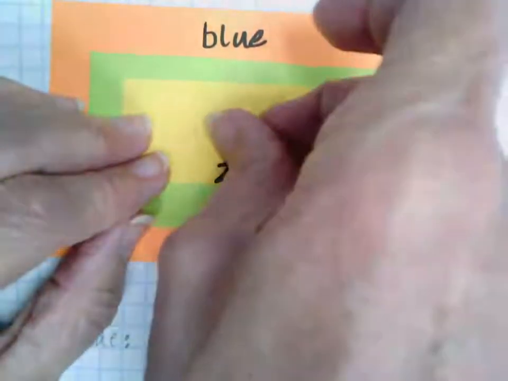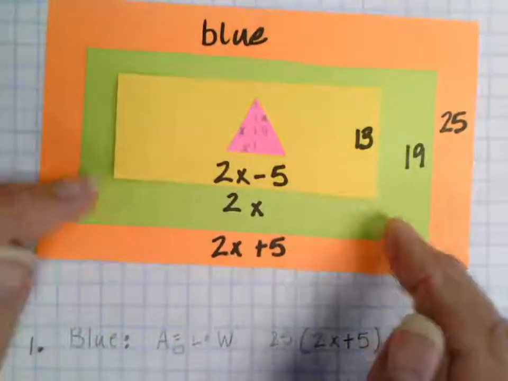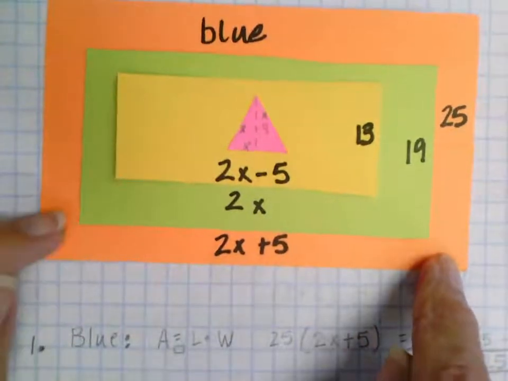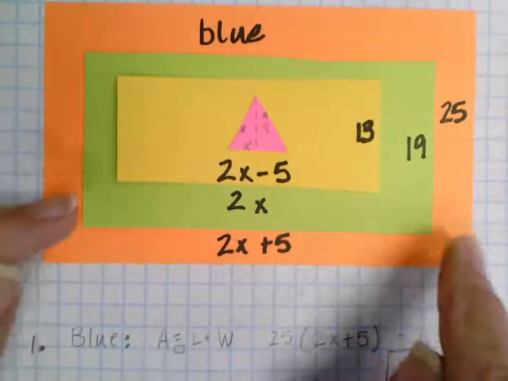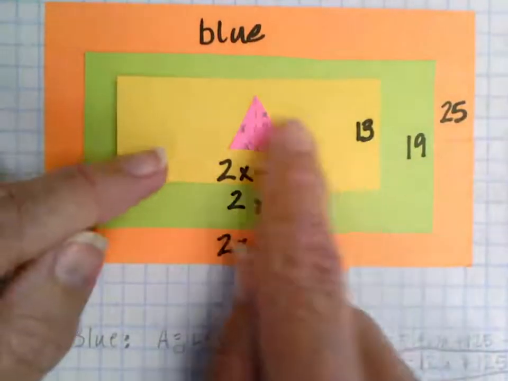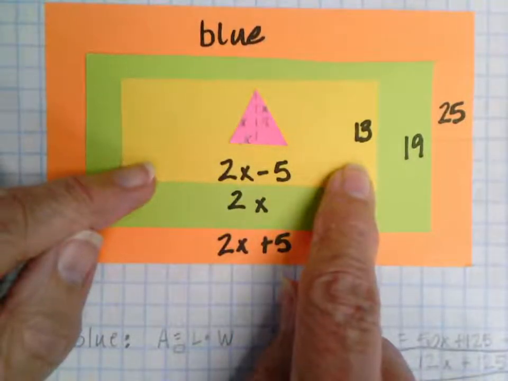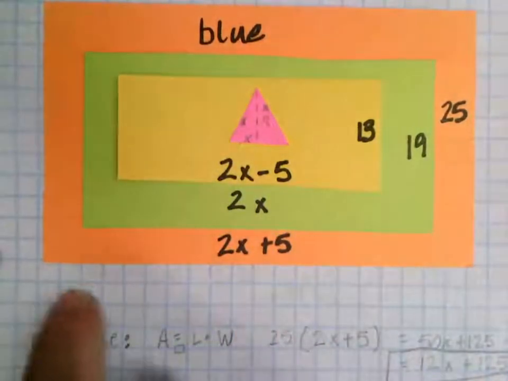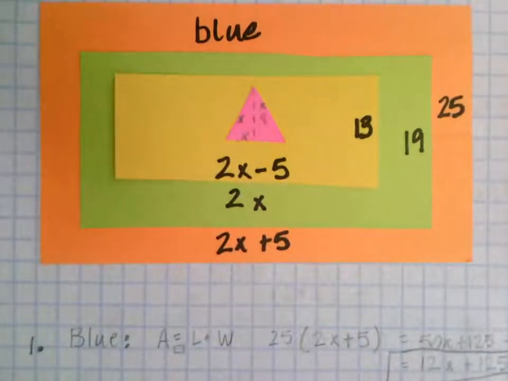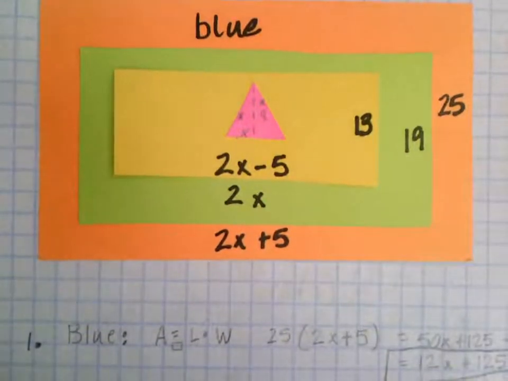Because when I add these parts together, thinking that they are filling in, just like the green filled in the space around the blue/orange, and then the yellow would fill in the space around the green, and the triangle would fill in the space around the yellow, I should get the same answer as what I get when I multiply the original blue area by itself.